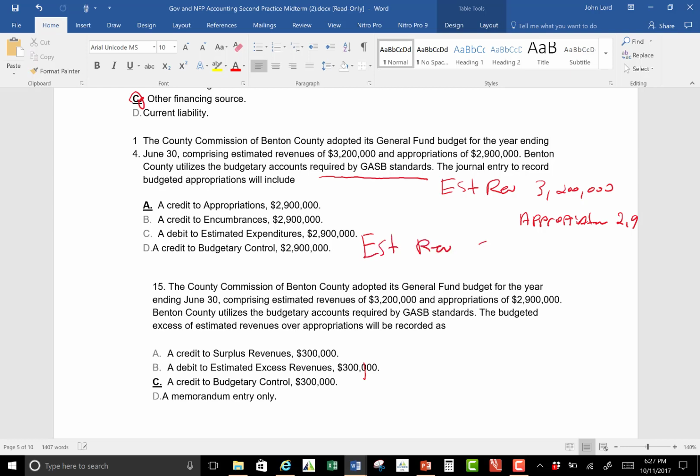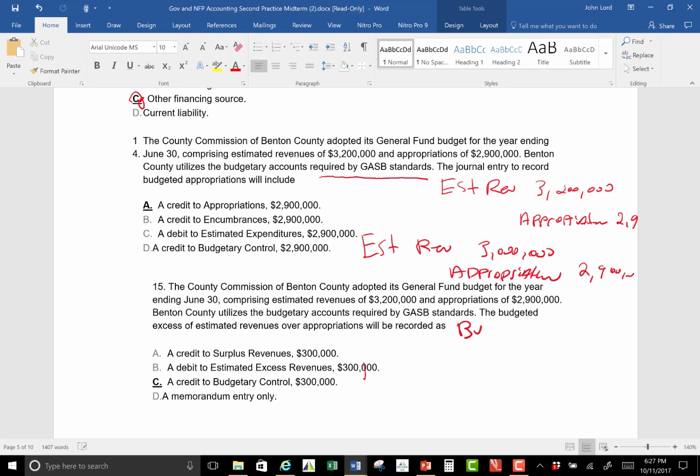Debit estimated revenue, $3 million. Credit the appropriation, $2 million, what? 900,000? Okay, and then credit what?